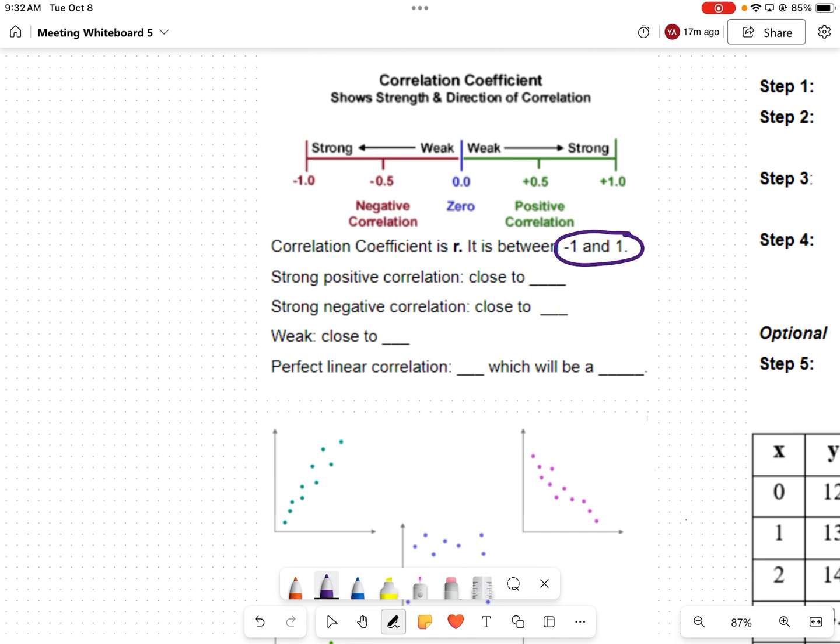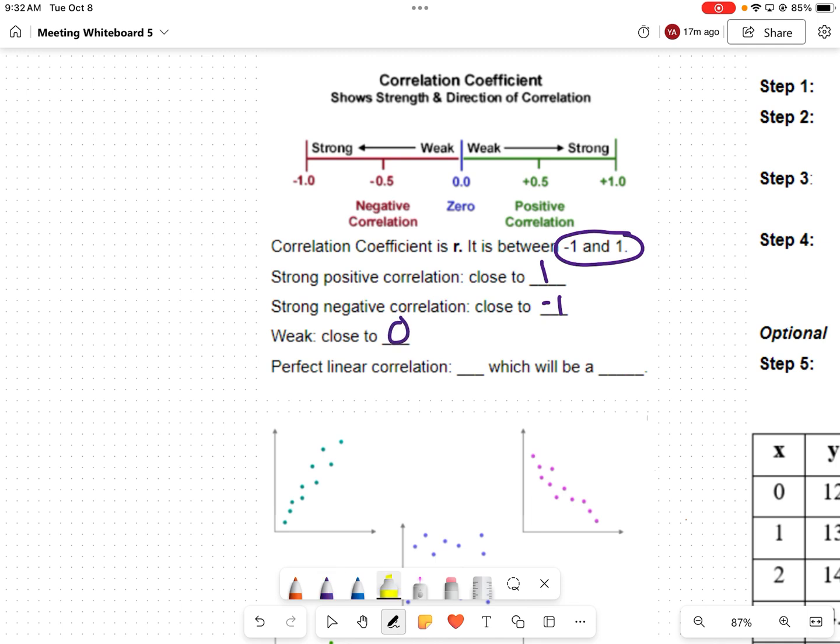Strong positive correlation, if it's positive, it's going to be close to +1. Strong negative correlation is close to -1. And then anything that's weak is close to 0. Do you see?